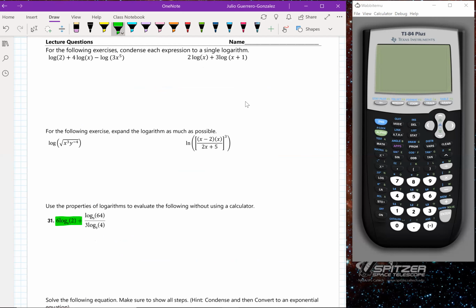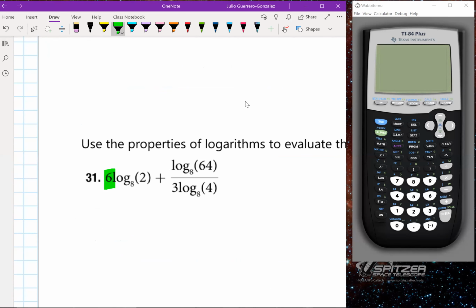Specifically, I've got that 6 up front. What can I do with it? Does that become the exponent, like 2 to the 6? Right. So this is the thing that I was talking about before. You get to go backwards. So this is now log base 8 of 2 to the 6th.